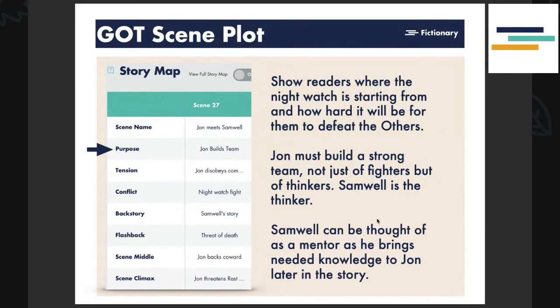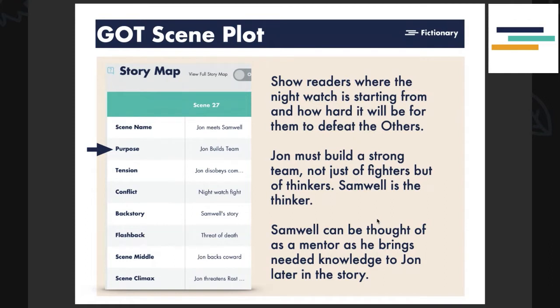Okay, so now we're going to look at the scene, or the plot story elements, and we're going to start with the purpose. And the purpose of this scene is for John to build a team. So it shows readers where the Night Watch is starting from and how hard it will be for them to defeat the others. John has to recruit strong fighters, but also thinkers, and that's Samuel.